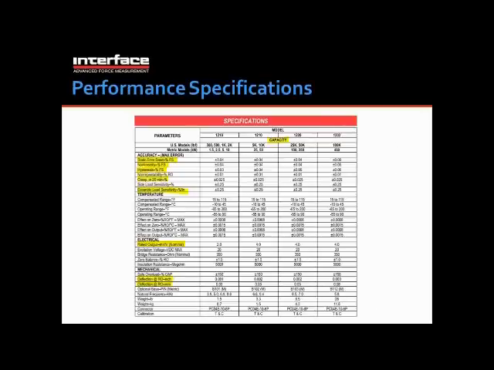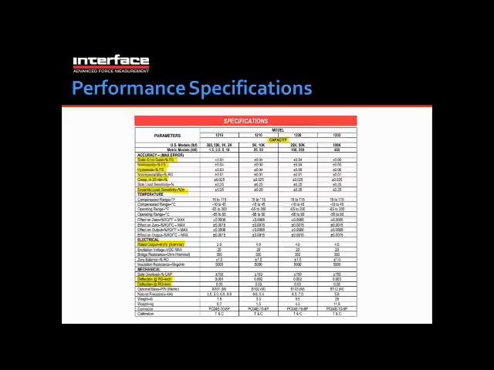So what we have here is an image of the specifications that you would find for 1200 series models, and we have highlighted the parameters that are critical during the assembly of the load cell.